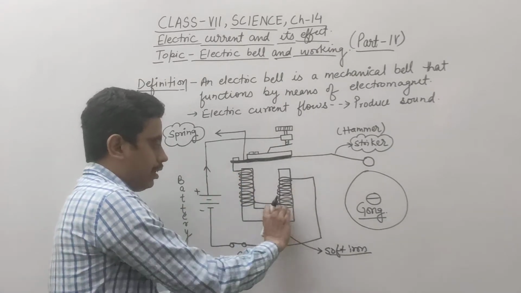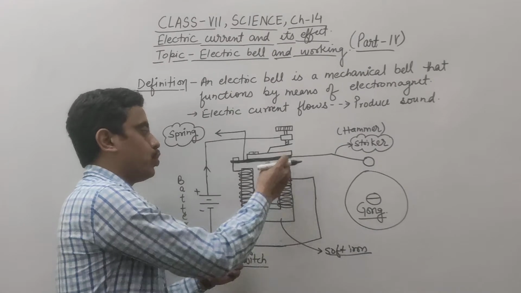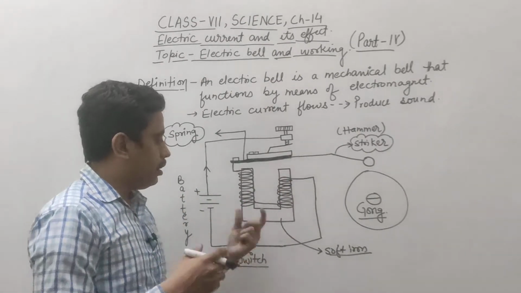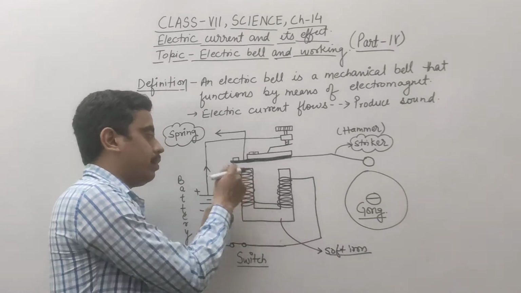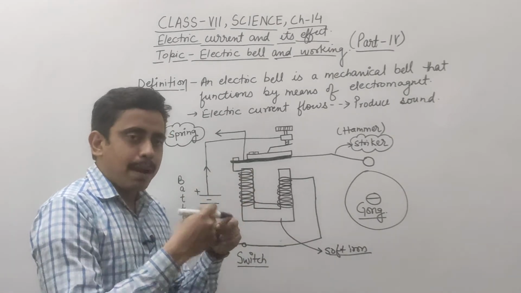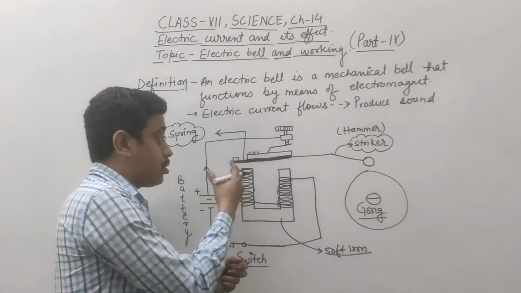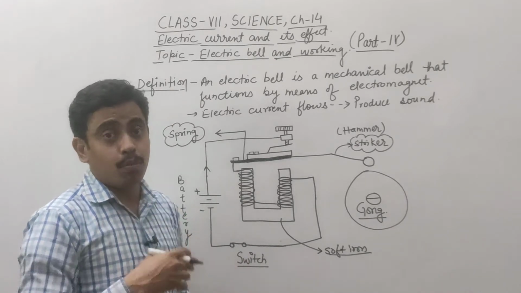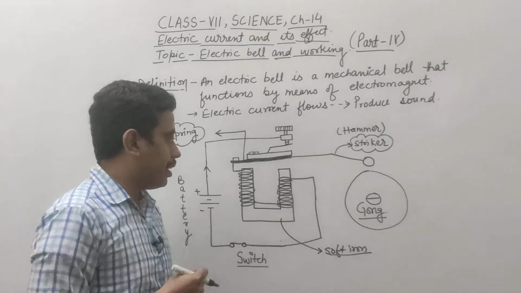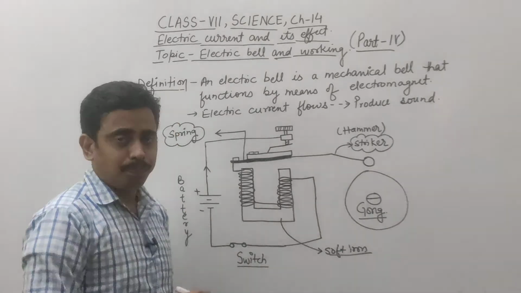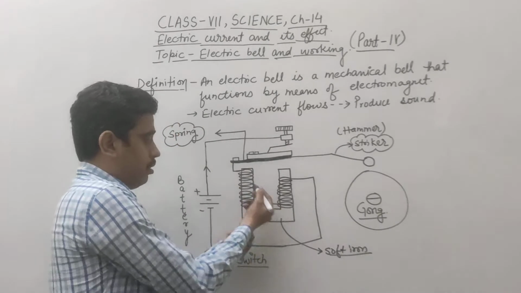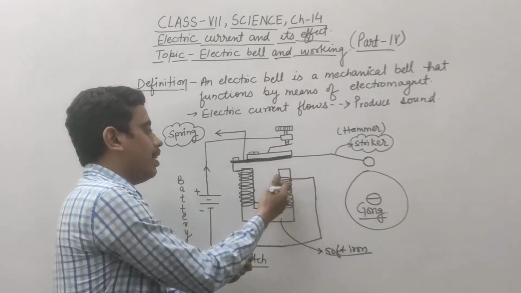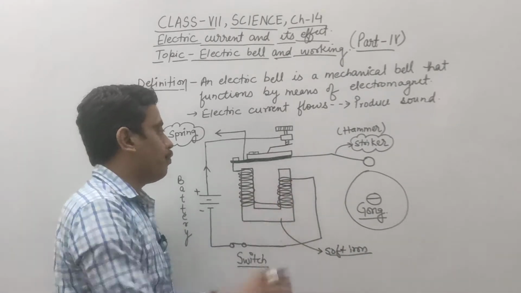This iron piece is in the U shape to give it the shape of a horseshoe magnet. When these turns are more, more electromagnetic power is shown, as we have seen in the earlier videos also. So these wires around it are the turns, these are the coils which are wrapped around this soft iron core.